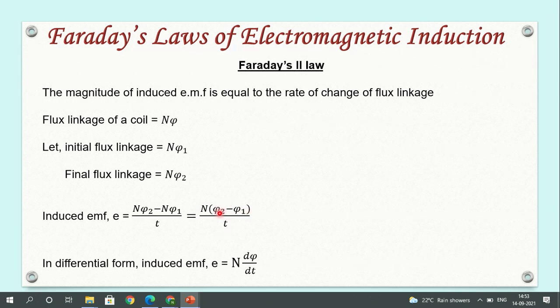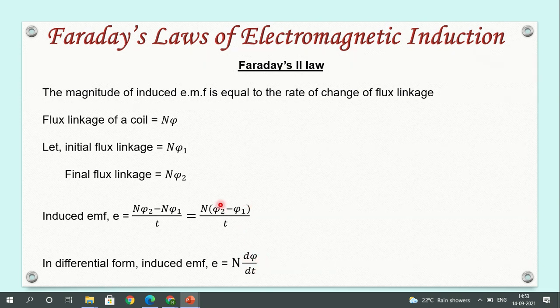The term phi2 minus phi1 divided by t is nothing but the rate of change of flux. Phi2 minus phi1 is the change in flux, and divided by time it gives the rate of change of flux. In differential form we can represent the rate of change of flux as d phi by dt.